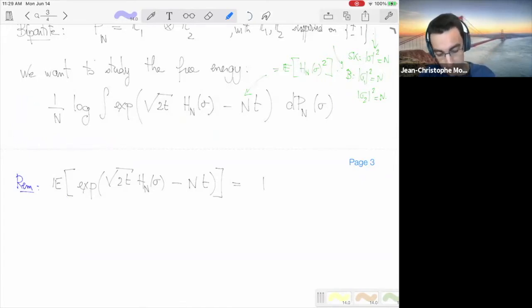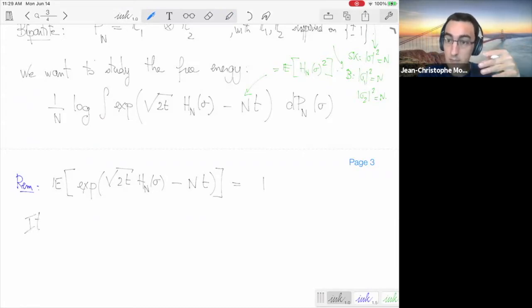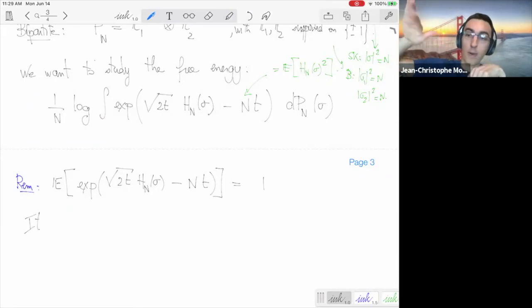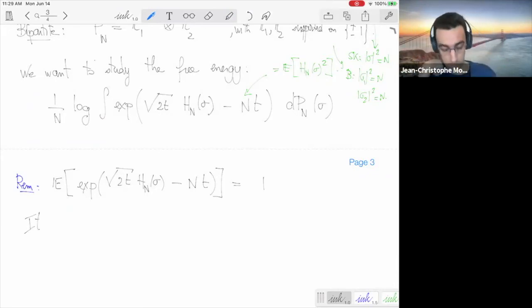Okay, so by Jensen, anyway, if you take the expectation, it's negative. So it will be nicer if I put a minus sign in front of this quantity.